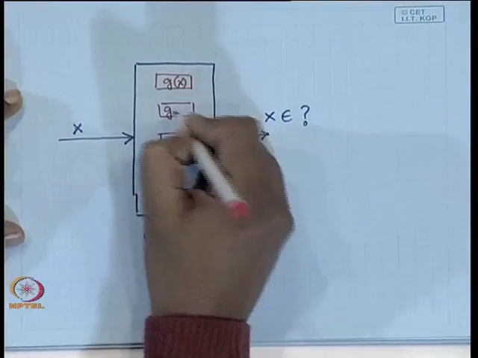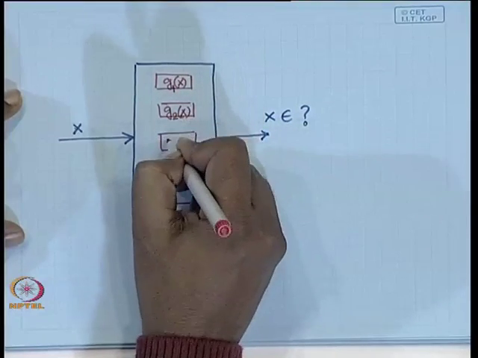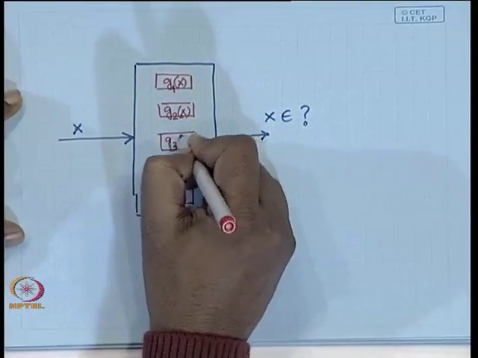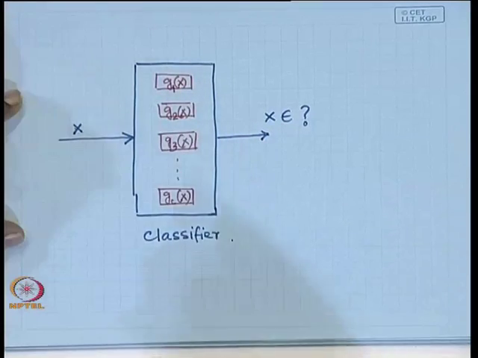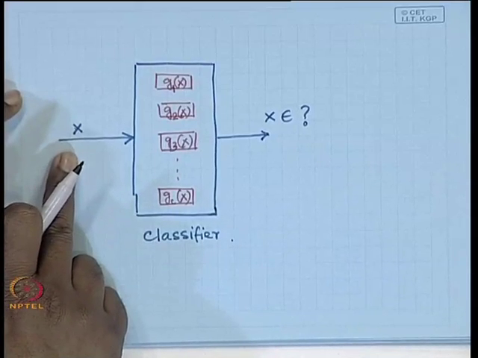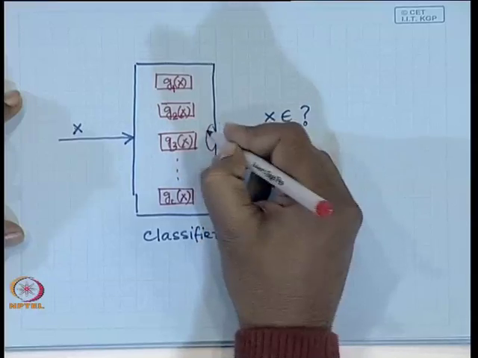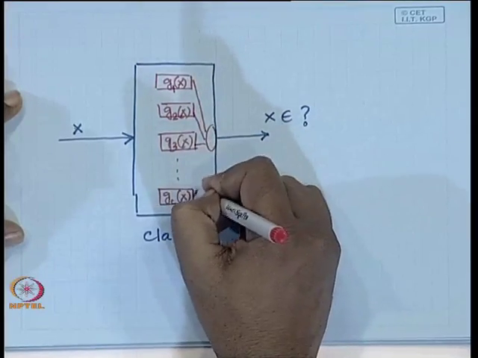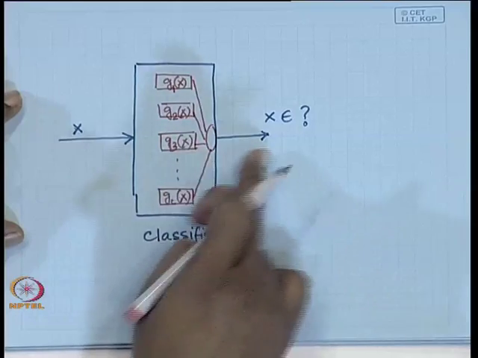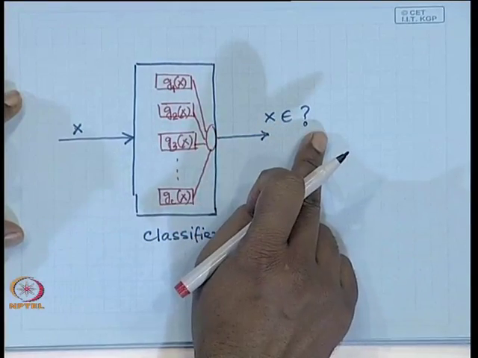So, this computes g 1 of x, this computes g 2 of x, this computes g 3 of x, this computes g c of x, on the same feature vector x. Then it takes a decision either following the maximum criteria or following the minimum criteria, that to which of these C number of classes this feature vector x should belong.